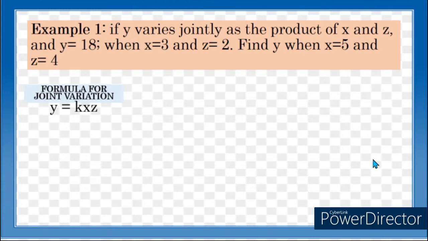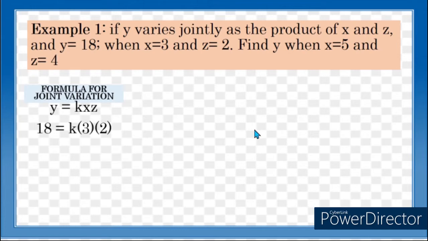Next, all we need to do is to substitute for the value of y. Since the value of y here is equal to 18, x is equal to 3, and z is equal to 2, we have the equation 18 is equal to k times 3 times 2. Okay, so multiply po natin.